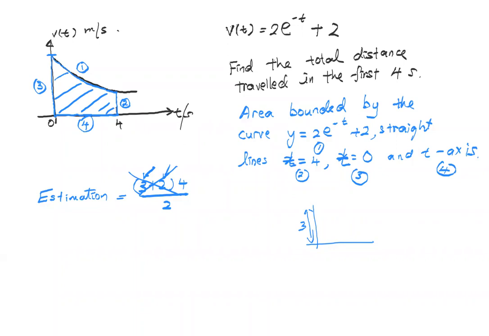Now they start to calculate. They simply take the numbers as they like. The equation for this one is y equal to V(t) equal to 2e to the power negative t plus 2.